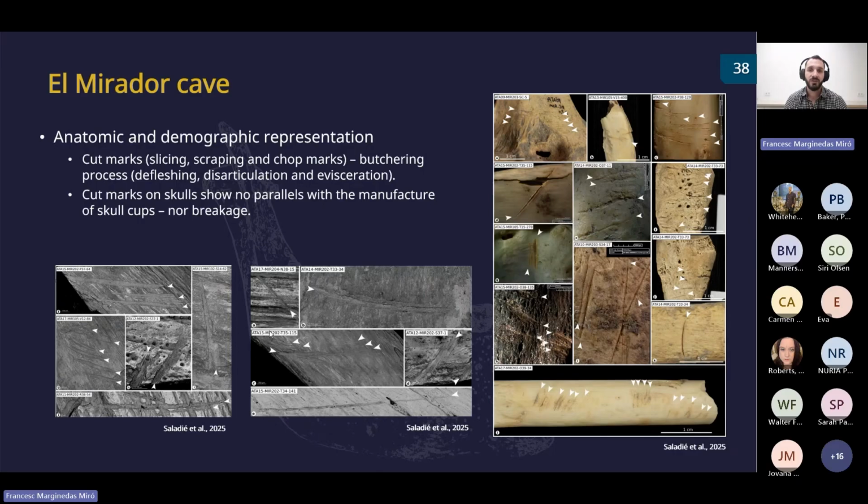And the skull fragments show a low frequency of cut marks, so they are also not associated with the manufacture of skull caps, which at some point resembles the case of Maszycka.